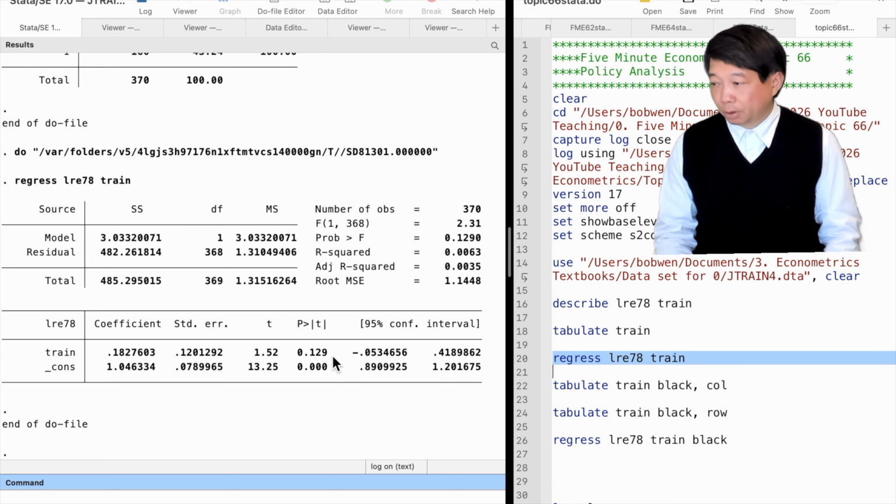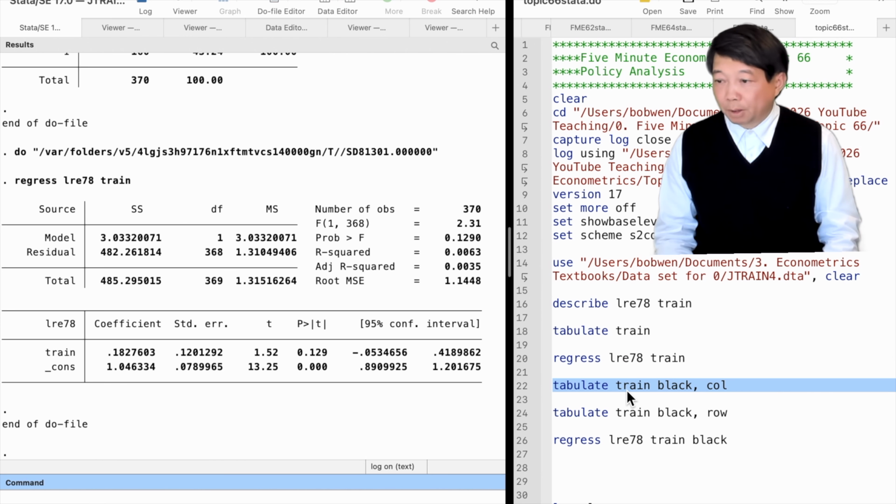However, a close look at the racial composition of workers who received job training reveals a different story. Using the tabulate command followed by the train and black variables allows us to create a two-way table of frequencies.